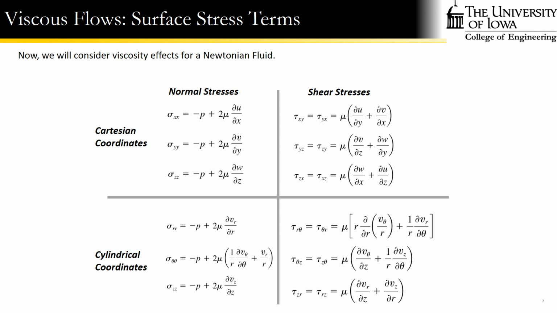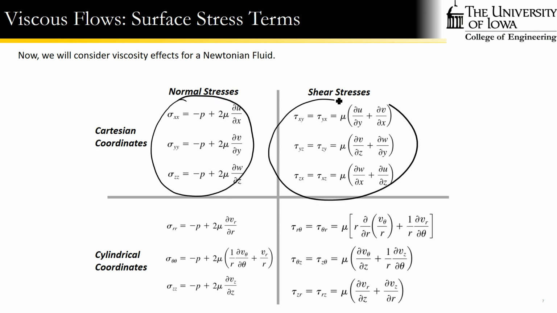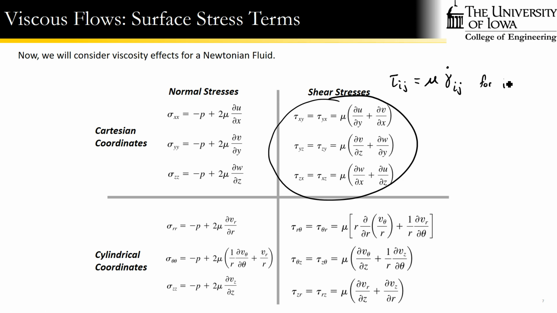The typical assumptions, and this is why I can't quite say that. So the shear stresses, over here on the upper right, they do follow this relationship, where we say simply that tau ij is equal to mu times gamma dot ij for i not equal to j.